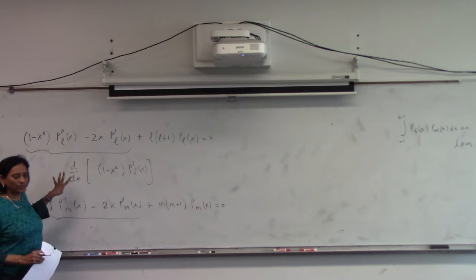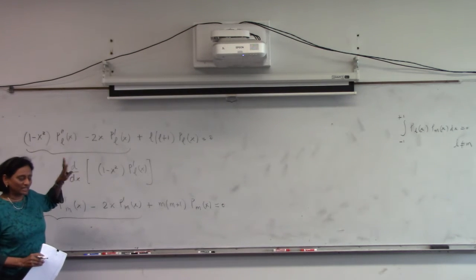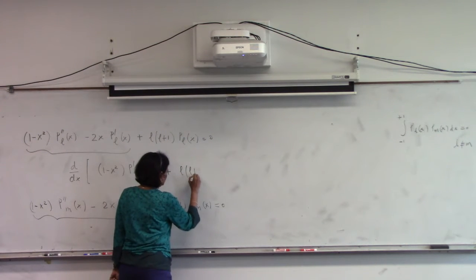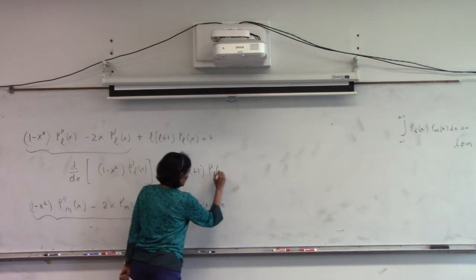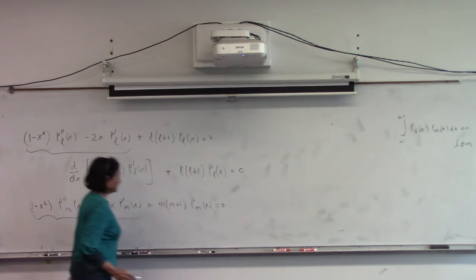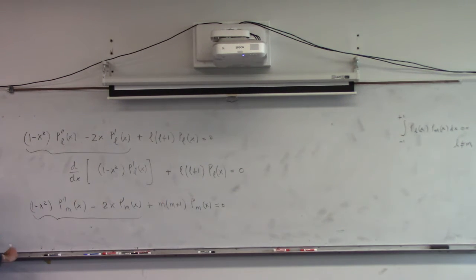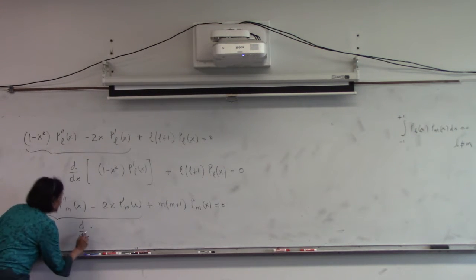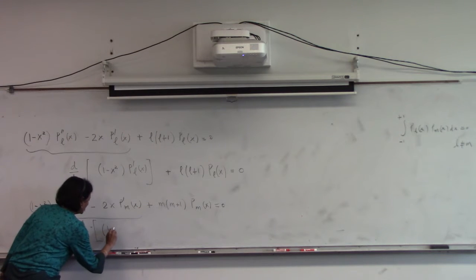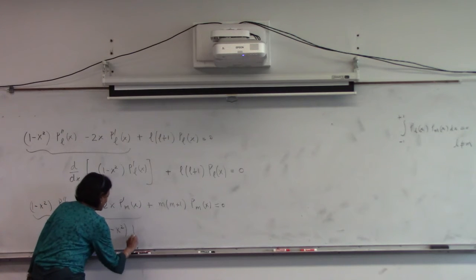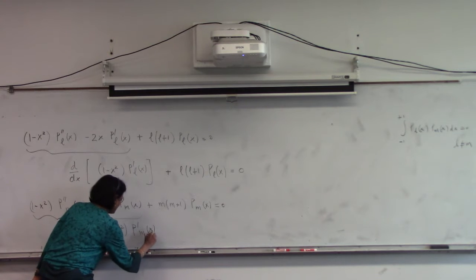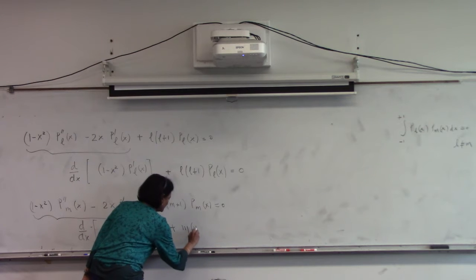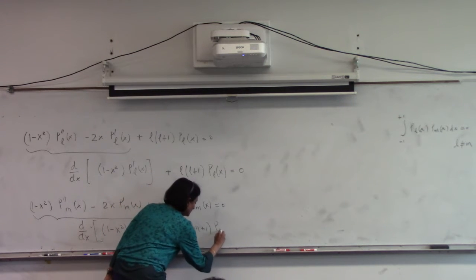Any such differential equation has a property called Sturm-Liouville, we'll come to that later, but it has a very special property. Okay, similarly, I can write this differential equation as d over dx of (1 minus x squared) P prime M of x, plus n times n plus 1 P of x.